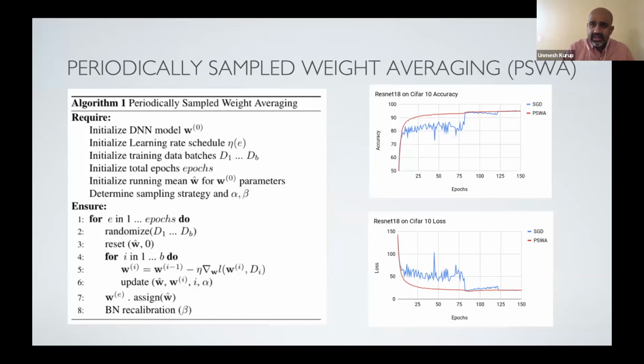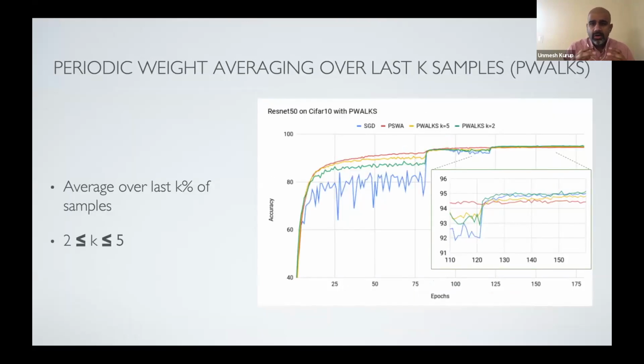And the second thing, which is a little hard to see from the graph, is that PSWA, which is our technique, does not give you the same accuracy as SGD. It's very, very close, but it's not quite as good. So to fix both of these problems, we started to think about variations on our technique.